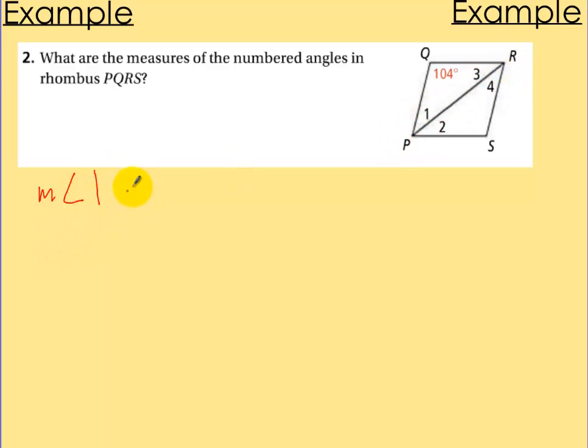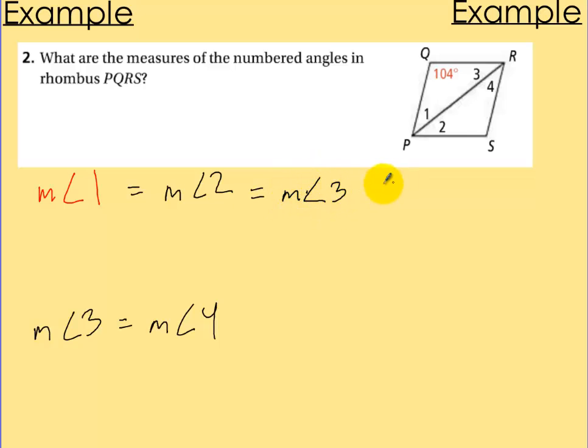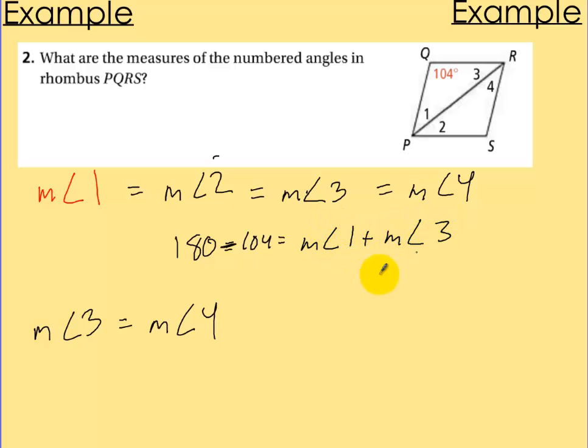So the measure of angle 1 is going to have to equal the measure of angle 2, and the measure of angle 3 is going to have to equal the measure of angle 4. Actually, they're all going to equal each other anyway. That's what we learned on one of the rhombus slides. So if this angle is 104, and angle 1 and angle 3 have to be the same, then the equation is 180 minus 104 equals the measure of angle 1 plus the measure of angle 3.